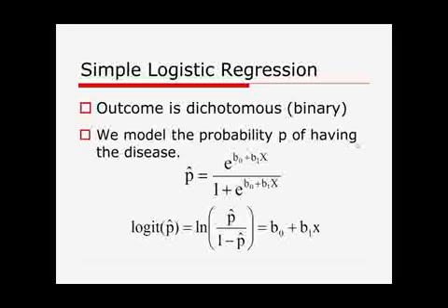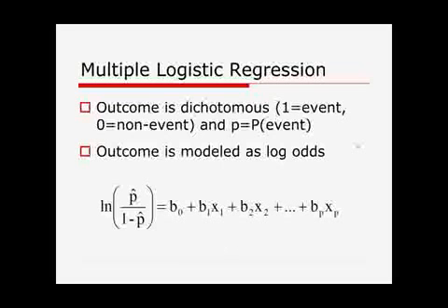So the left-hand side of the equation is the log odds of the outcome. Sometimes that's called the logit. So the log odds of the outcome gets us to the more familiar regression type equation on the right-hand side, which people tend to be more familiar with. The multiple logistic regression model, again, has a dichotomous outcome, but we have more than one predictor on the right-hand side.